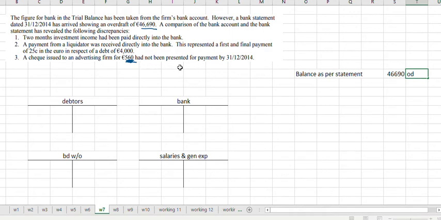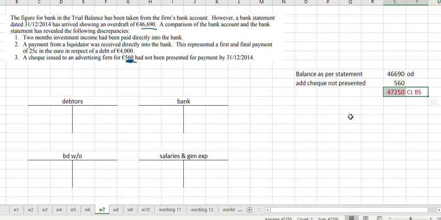There's a check that hasn't been presented yet. We paid money out, it hasn't gone through the bank yet. So our overdraft is going to get higher. We're going to add check not presented of 560, and our overdraft therefore is going to be 47,250, which is a current liability in the balance sheet or a creditor less than 1 year.